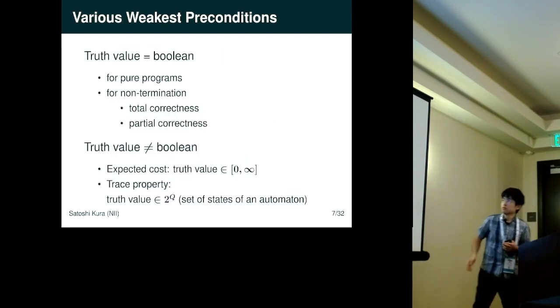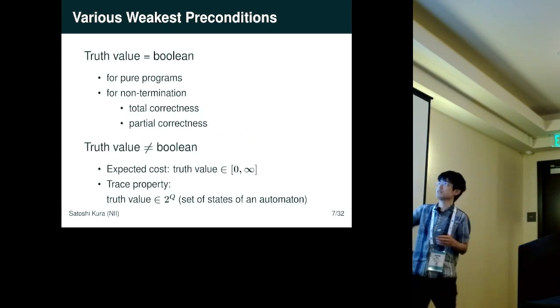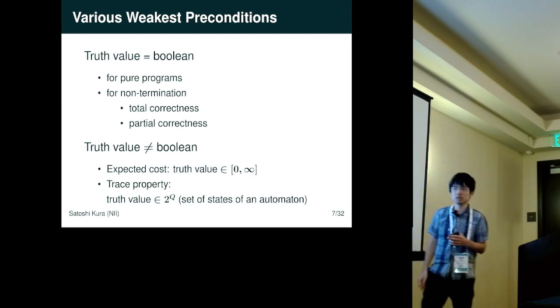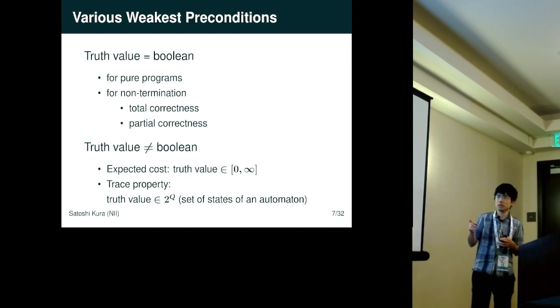So far, we have seen some classical instances of weakest preconditions. And they use Boolean values as truth values. But there are also other instances which use non-Boolean values as truth values.